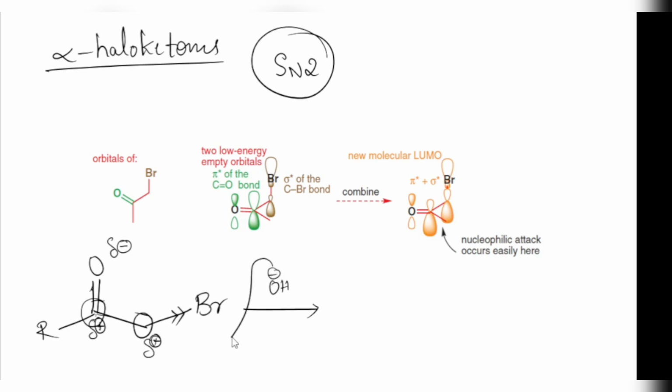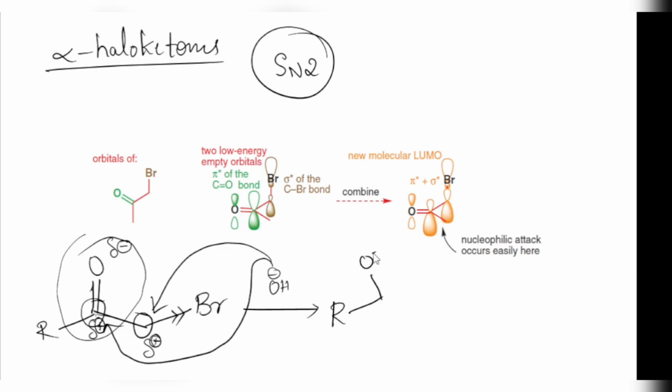There are two options. It can attack the carbonyl group directly, or it can attack the alpha carbon. Suppose attack occurs at the carbonyl carbon. Here I will write over here: this O minus is there, and here Br is there, and here OH is there.